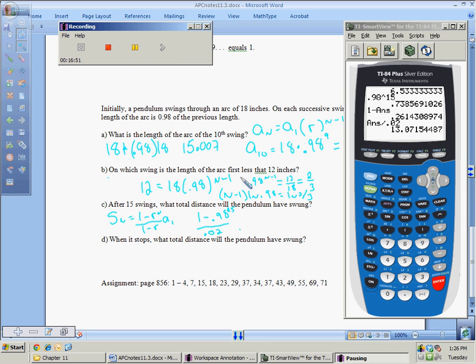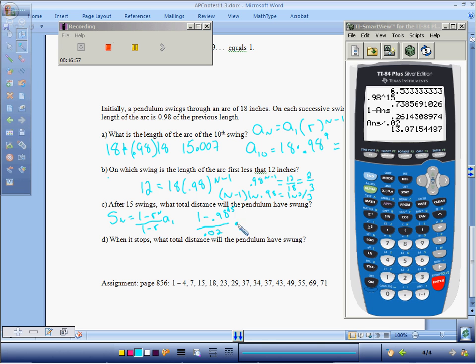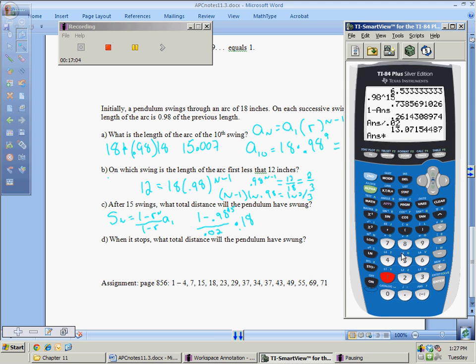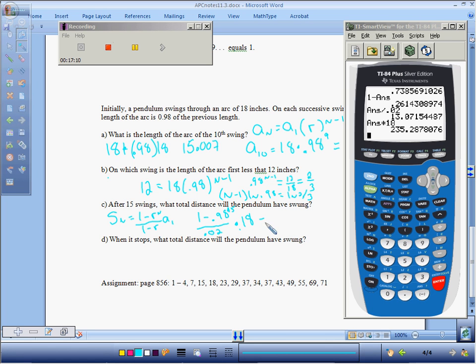Okay, I'm back. I just forgot to multiply this by a sub 1, and a sub 1 is the length of the first swing, which is 18. So if I take this number and multiply it by 18, now I get that after 15 swings, you would have gone through a total swinging distance of 235.28 inches.